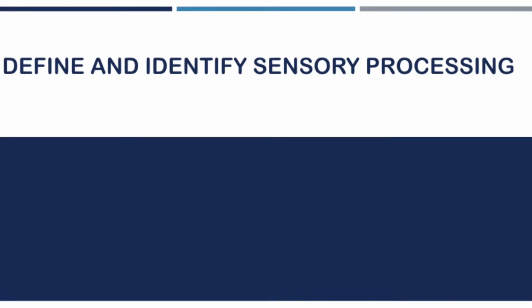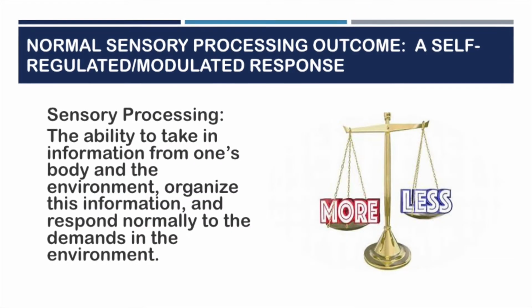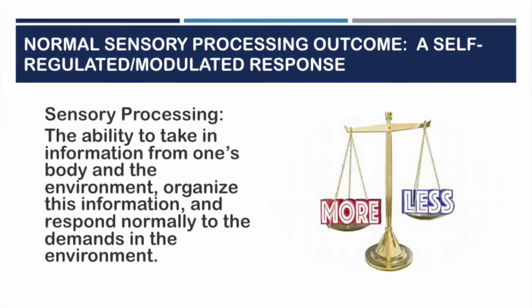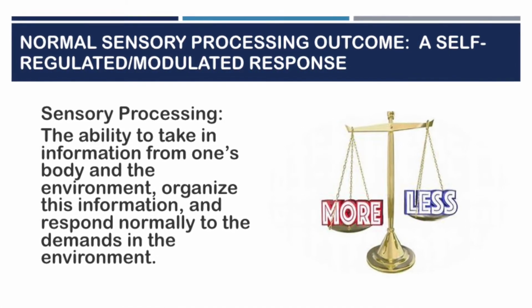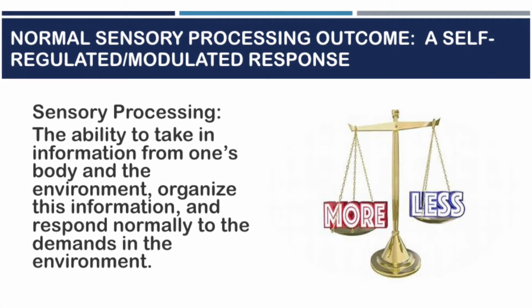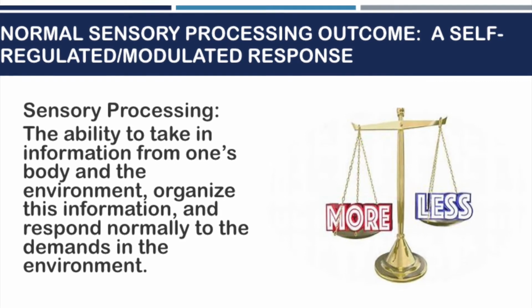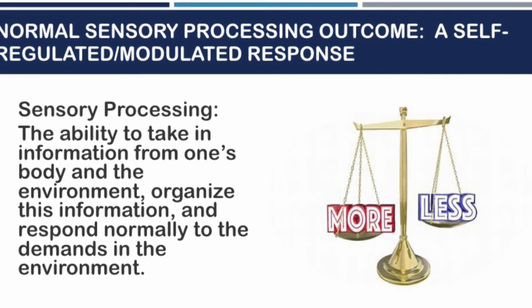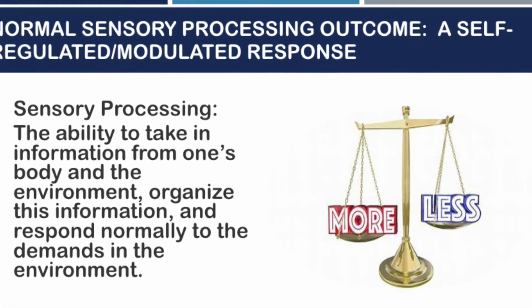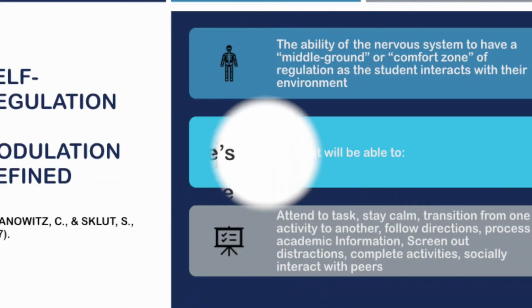Now let's define and identify sensory processing. Normal sensory processing outcomes. The goal is a self-regulated, modulated response. Sensory processing is the ability to take in information from one's body and the environment, organize this information, and respond normally to the demands in the environment.